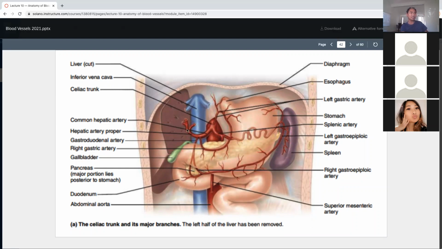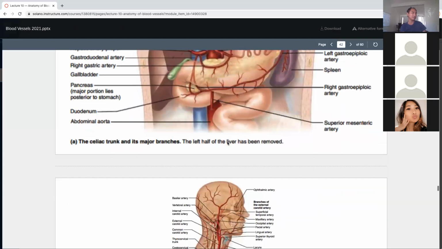So on the right side, it goes to the liver. On the left side, we have the spleen in the left hypochondrium, so this vessel will go there to supply the spleen. And in the center, the epigastrium, we have the stomach. So it gives blood supply to every structure in the upper part of the gastrointestinal tract. That is the celiac artery, the celiac trunk.